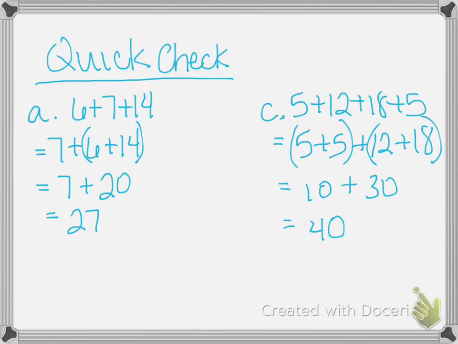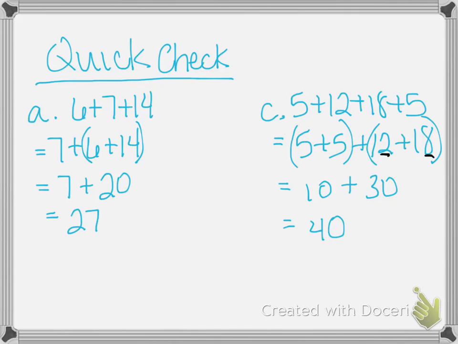Then in letter C, you have 5 plus 12 plus 18 plus 5. Well, I can look at this and say, well, 5 plus 5 is 10. That's easy to compute, so I'm going to group those numbers together. Then you may see that 12 plus 18 also makes a multiple of 10 because the 8 and the 2 make 10. So this 12 and 18 added together is 30.